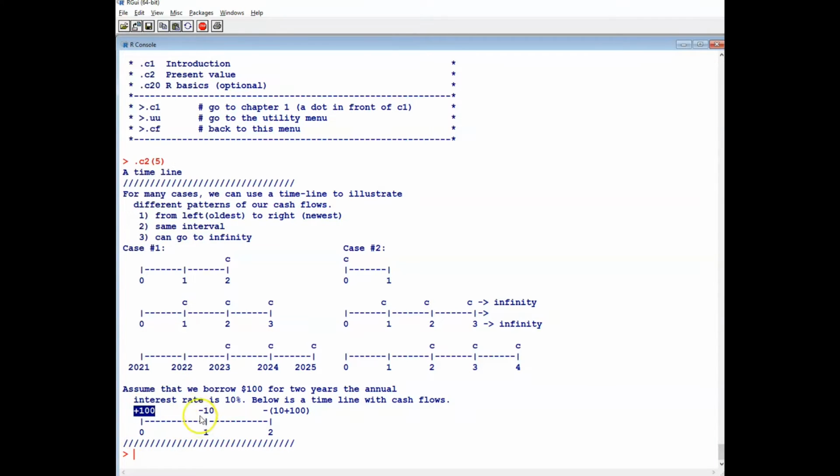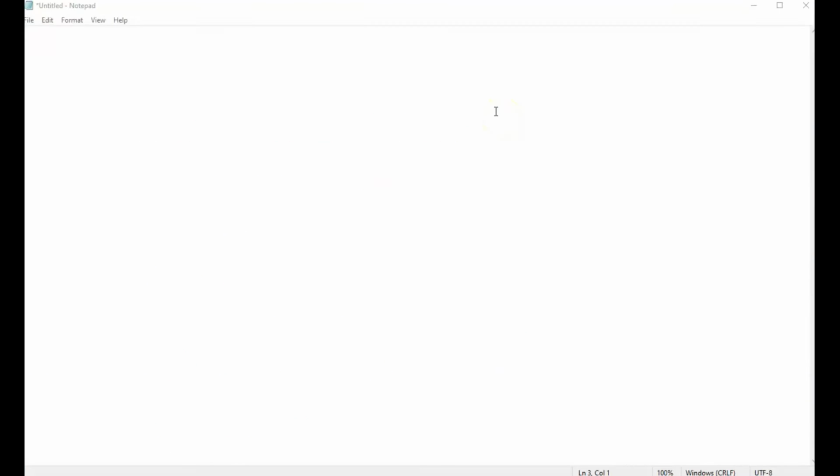At the end of the first period, we pay $10 as the annual interest payment. At the end of the second year, we pay another $10 as the second period's interest payment plus the principal. So this is the timeline, and we can show our cash inflow and outflow clearly.